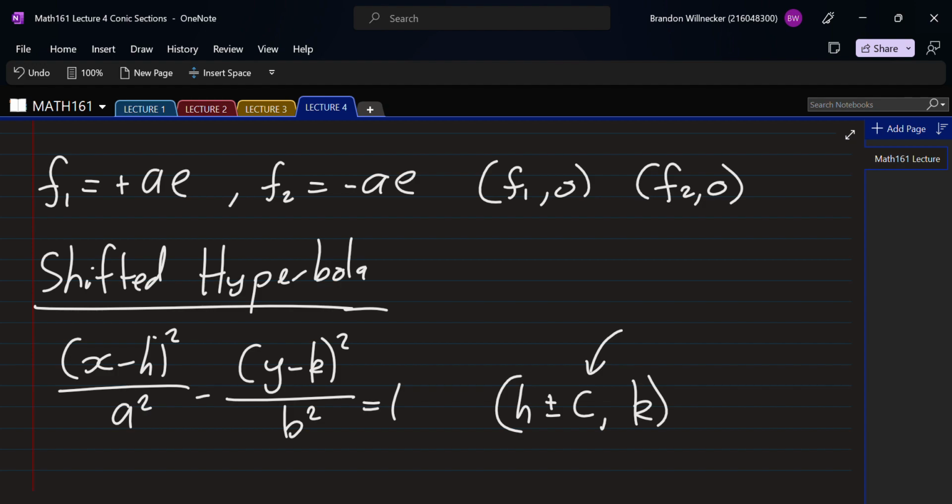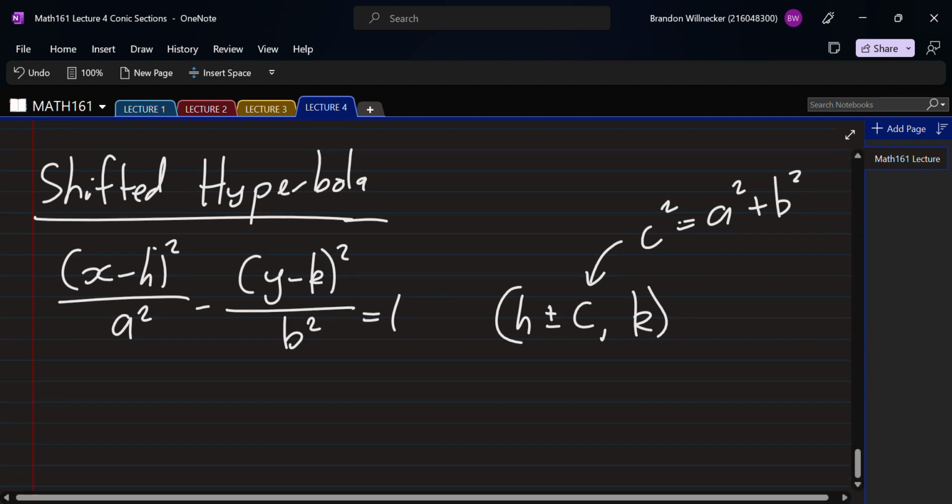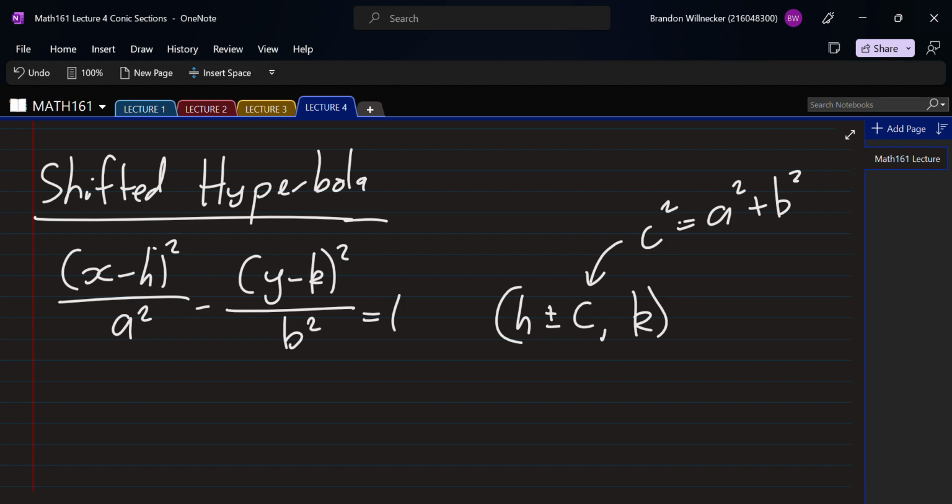If you substitute the eccentricity that we mentioned right at the beginning, we'll see that c squared is a squared plus b squared. So you can just look at the eccentricity formula, substitute it into F1 and F2, and we get this value c. And h is the horizontal shift, and k is the vertical shift.